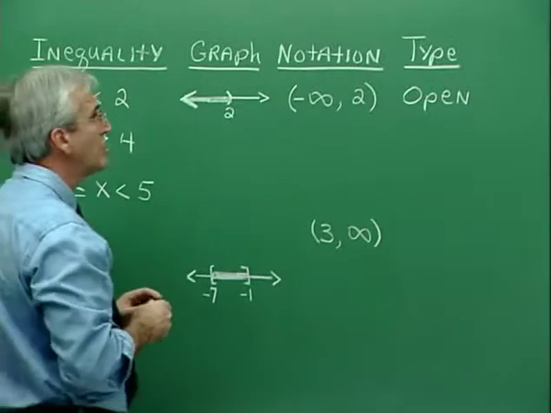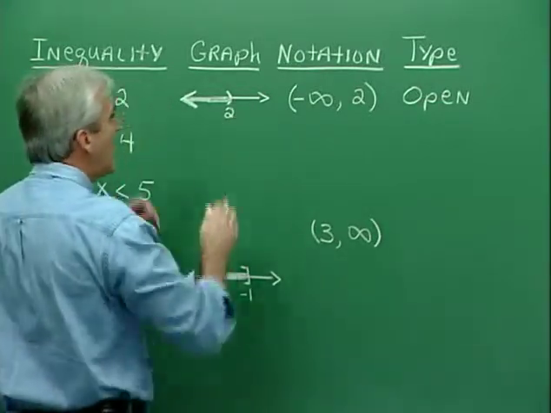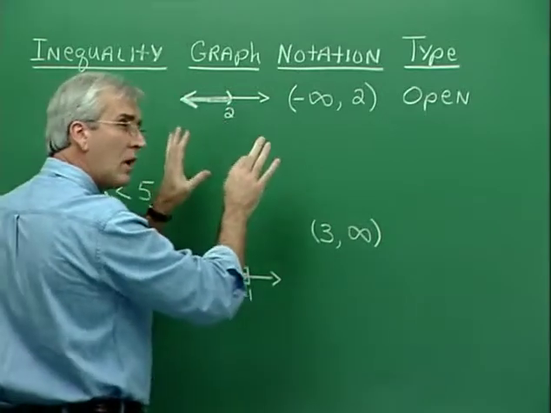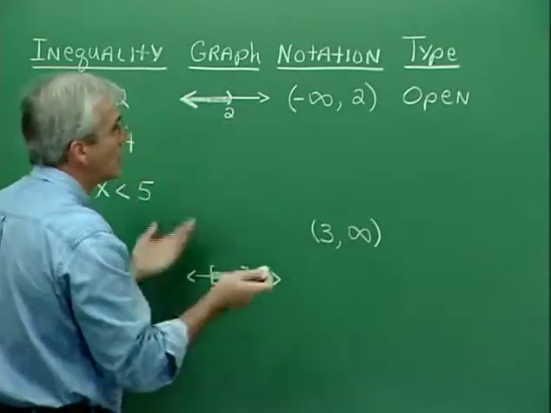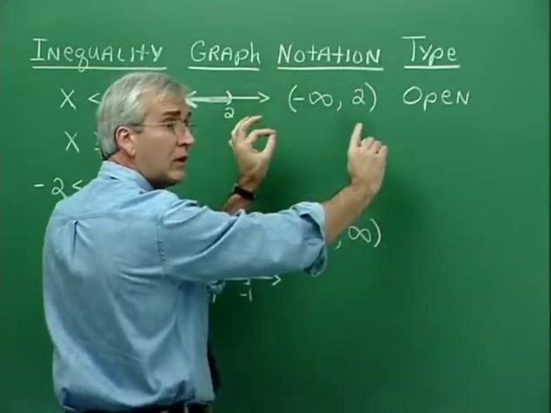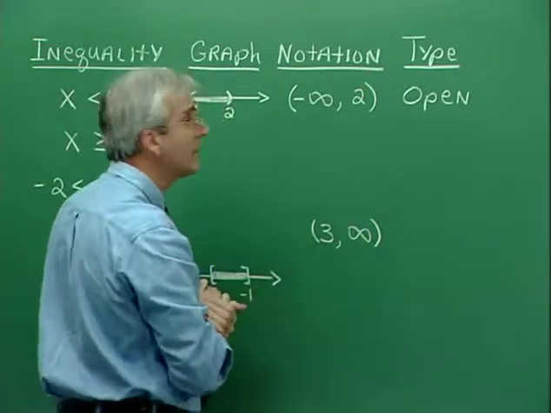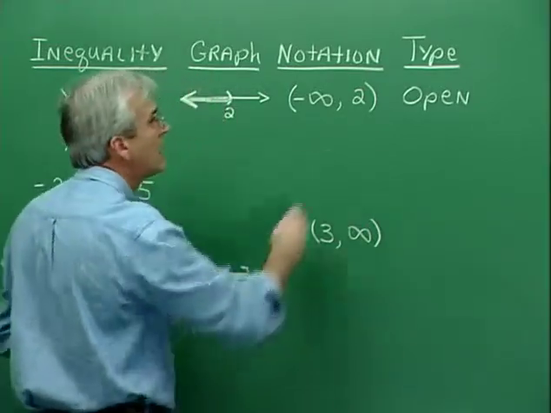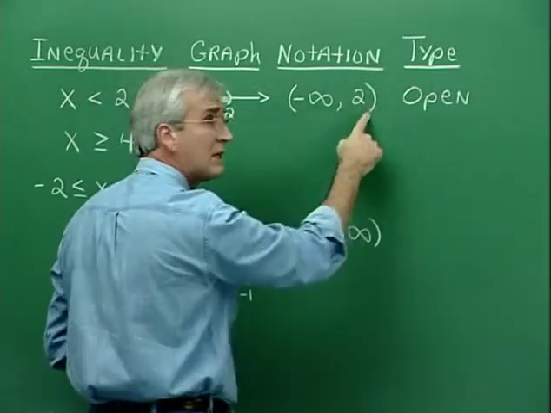Another notation that's useful here to describe the same set of numbers is called interval notation. We're describing an interval on the number line from negative infinity to 2, but not including the 2. So we simply write negative infinity comma 2 to establish the interval. And now we want to describe whether or not the endpoints are included in this group of numbers. Now, 2 is not included in this group of numbers, so we use the parenthesis indicator.